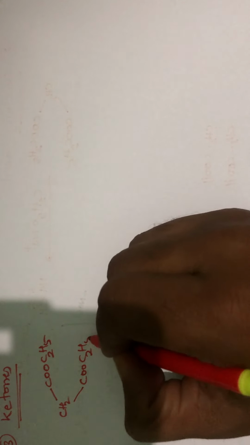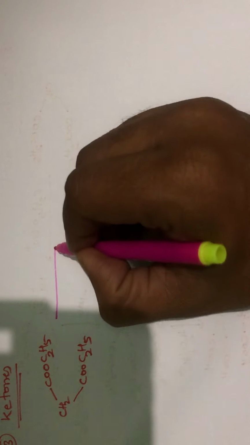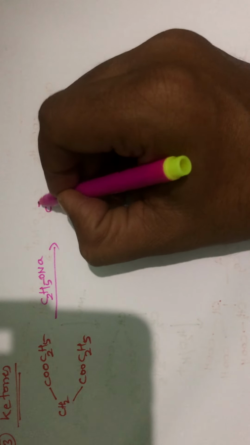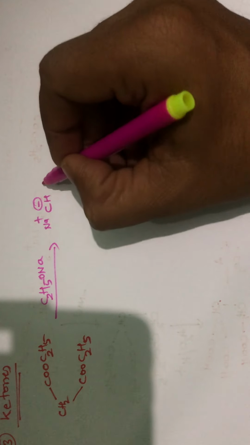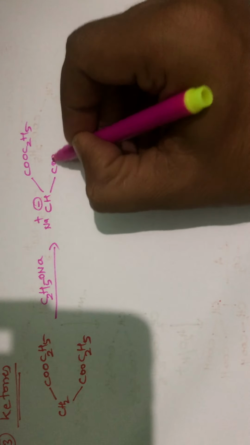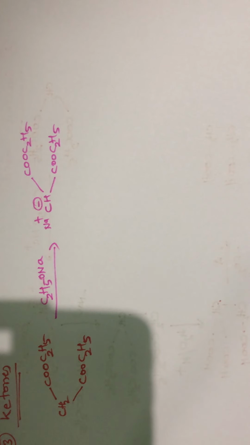Let us take this malonic acid ester, CH2(COOC2H5)2. It is treated with sodium ethoxide, and abstraction of a proton takes place, giving CH minus Na plus with COOC2H5 on both sides.